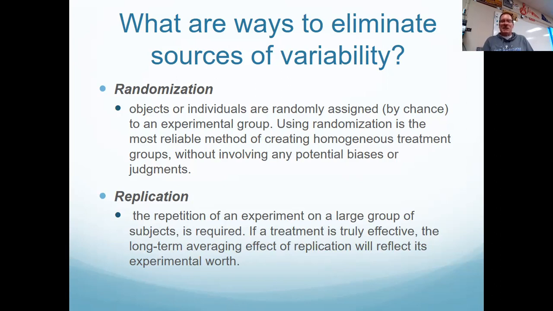Using randomization is the most reliable method of creating a homogeneous treatment group without involving any potential bias or judgments. And then replication. A repetition of the experiment on a large group of subjects is required. If a treatment is truly effective, the long-term averaging will reflect it. So if you are ever designing something, okay, however you assign things, make it random.